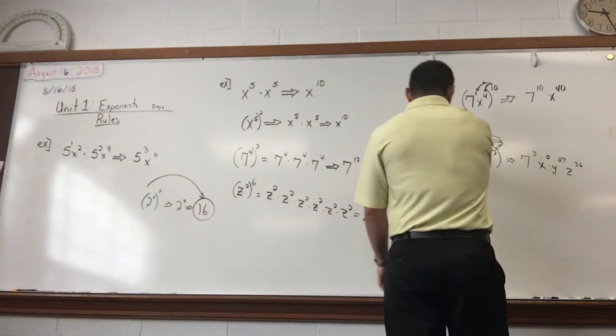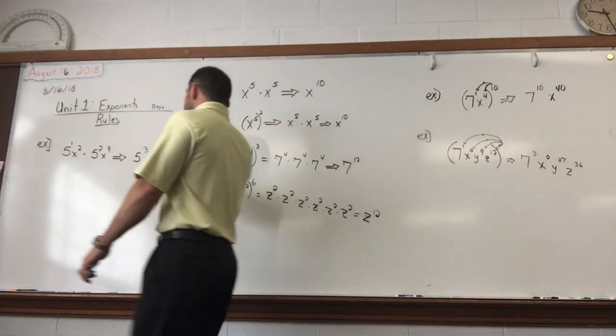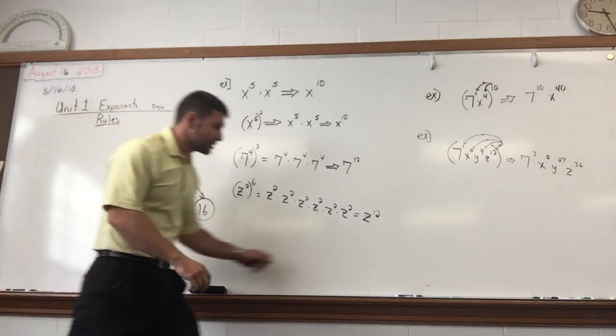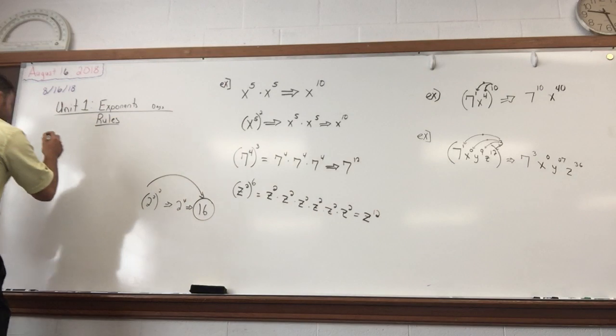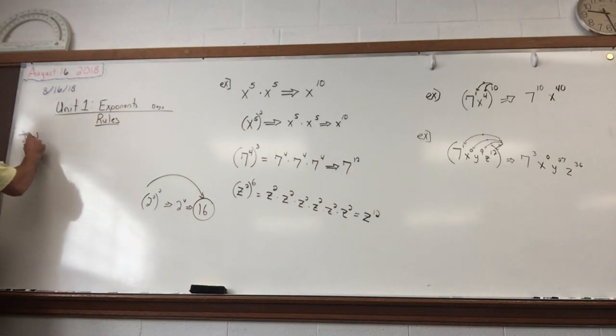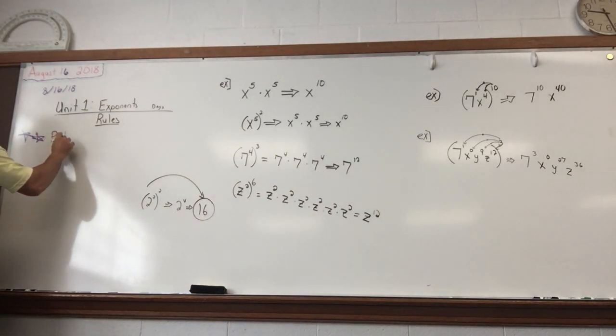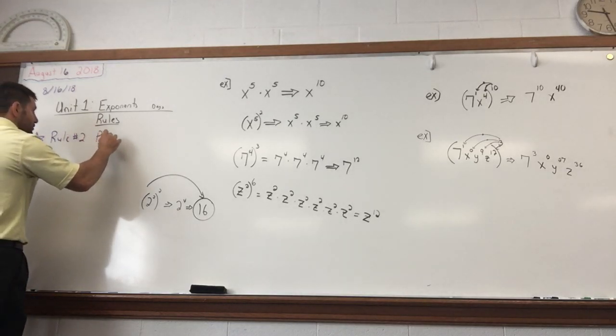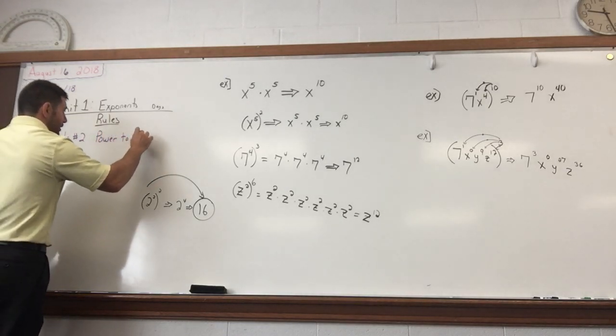So, I want to write out rule number 2. I want the rule to be in your notes. So have rule number 2 in your notes. Here we go. Let's get a different color. Let's put some stars around it. Rule number 2 is called power to a power.